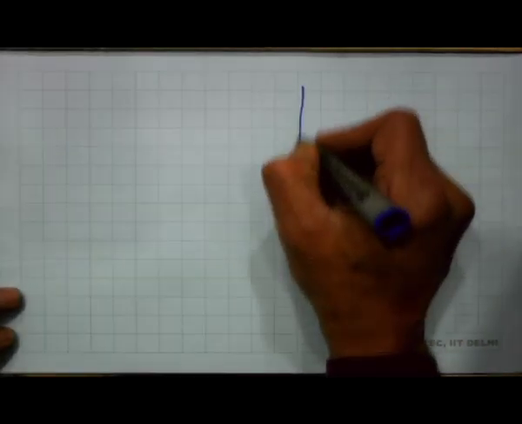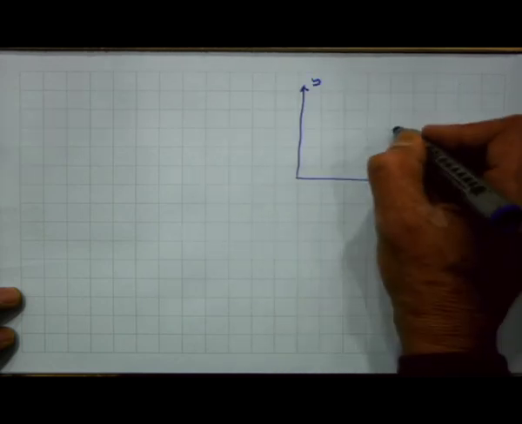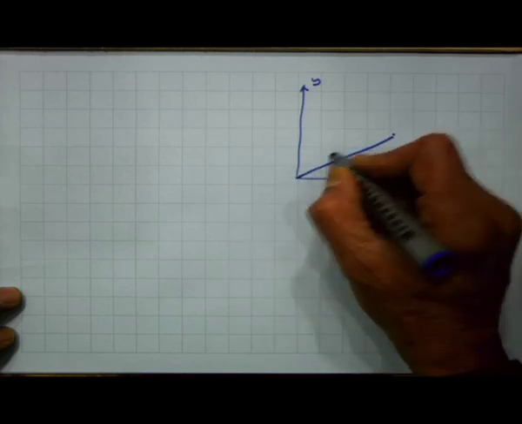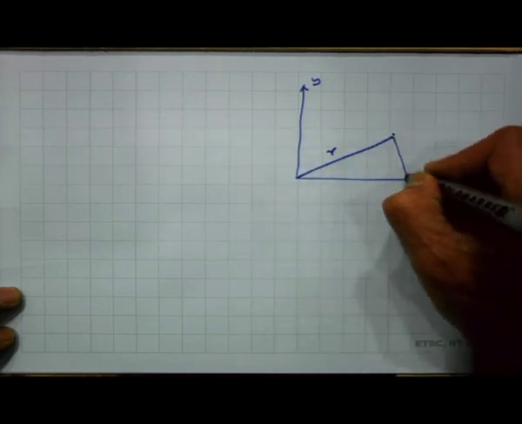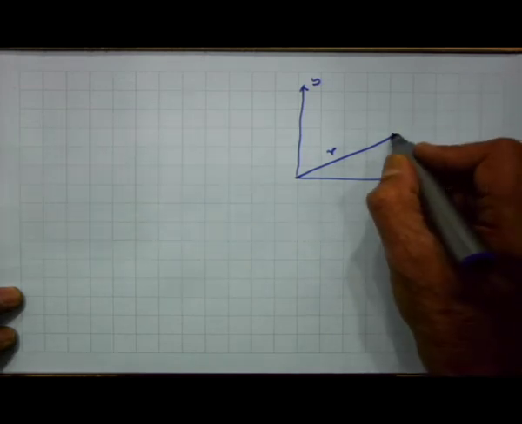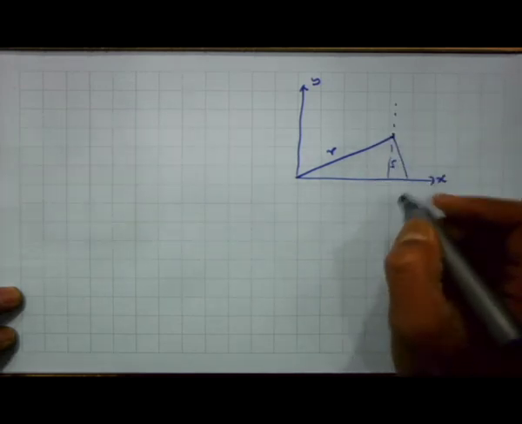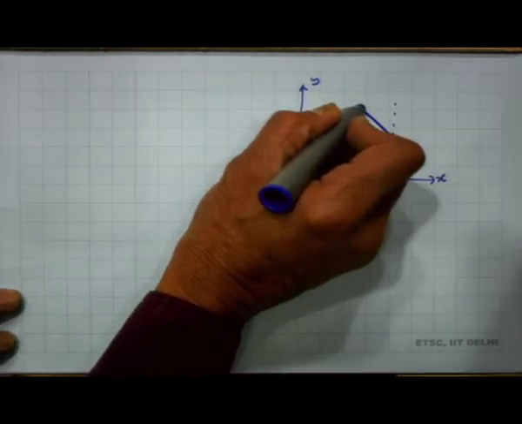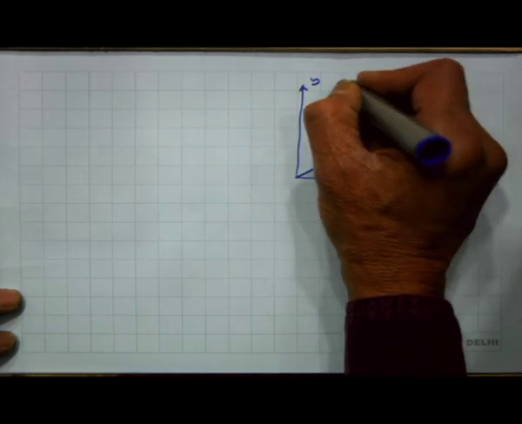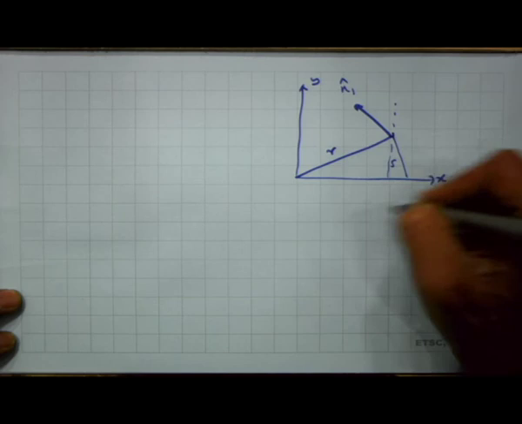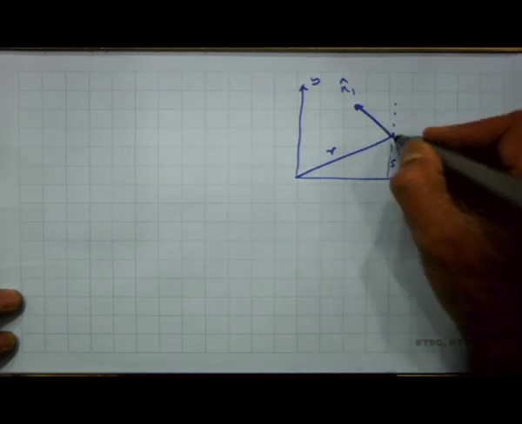So, this is the x y axis. This is the point where I am trying to calculate. This distance is r and this distance is s. This is the perpendicular here. The magnetic field produced by the big conductor is along this direction, and the magnetic field produced by the conductor corresponding to the hole is in this direction.